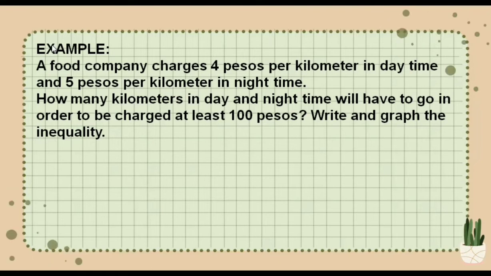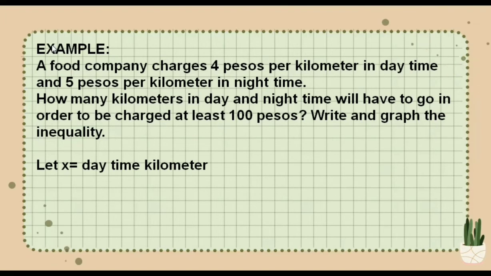So before we can graph this, we need to translate it into an inequality, and to translate it, we need to find first the variables x and y. So for the x variable, let x be the daytime kilometers, and because the charge for the daytime kilometer is 4 pesos, we will have 4x.